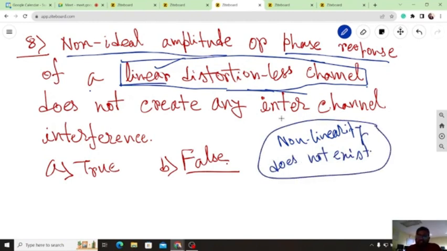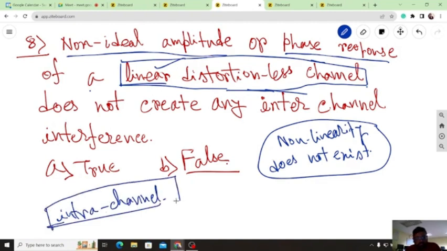For such reason, it is impossible to create an inter-channel interference. The only thing that can happen here is intra-channel sort of thing. So the correct option is true.